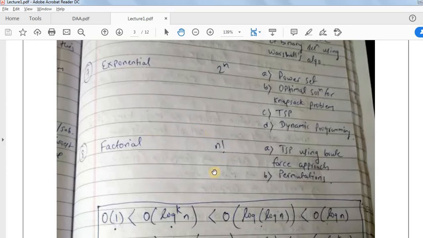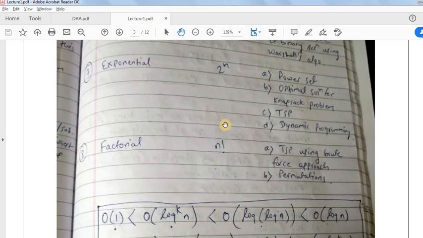This will have order of growth as n factorial. The famous examples in this case are Hamiltonian cycle, checking if the given graph contains a Hamiltonian cycle, the traveling salesman problem using brute force approach, finding permutations, combinatorics. All these will require n factorial amount of time.